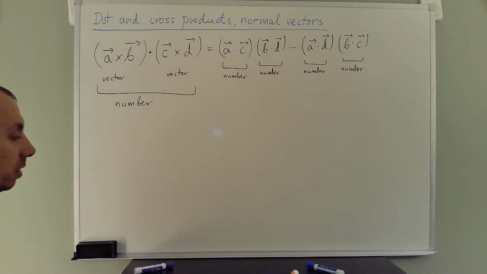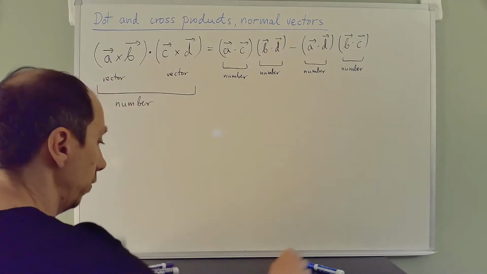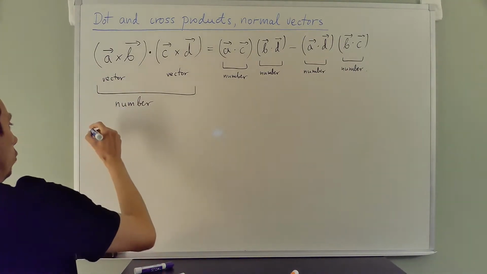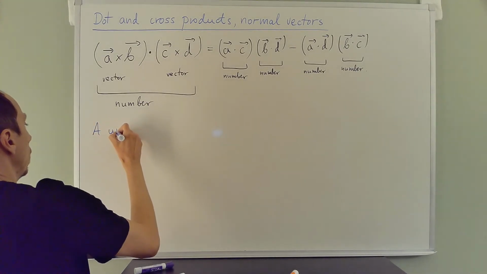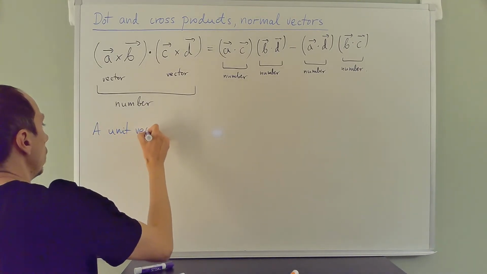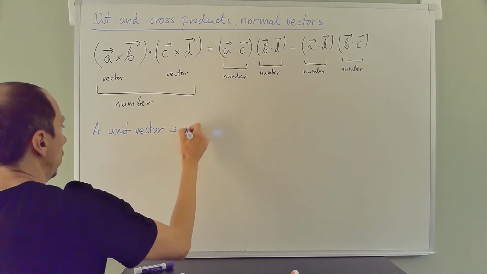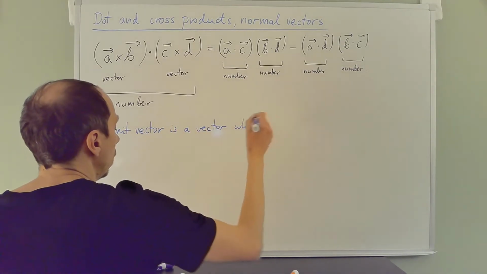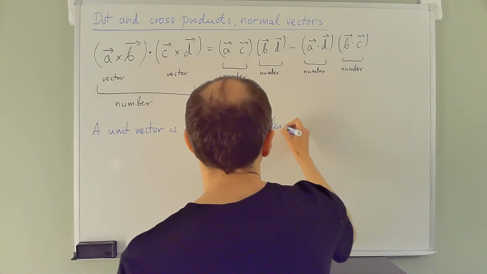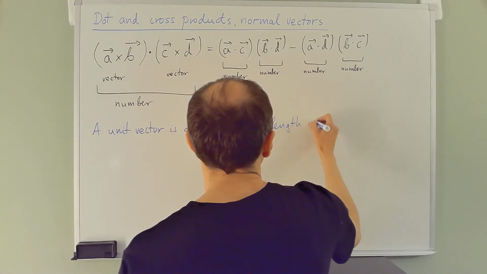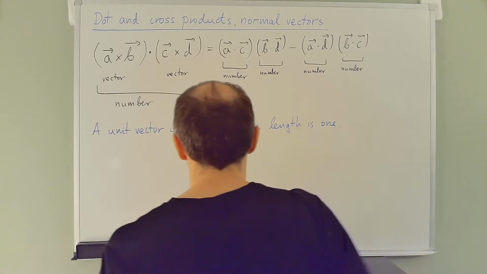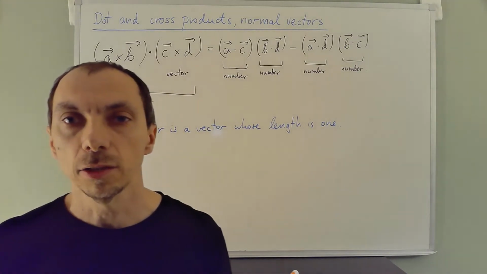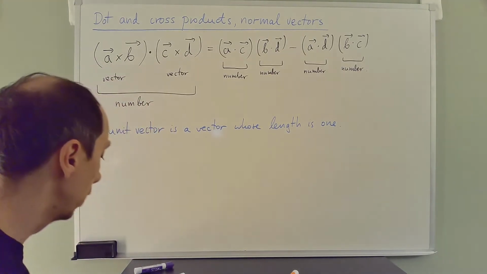And finally, what are normal vectors? So the first thing I wanted to tell you about is unit vectors. A unit vector is a vector whose length is 1. And I can actually cook up a unit vector out of any vector you give me.